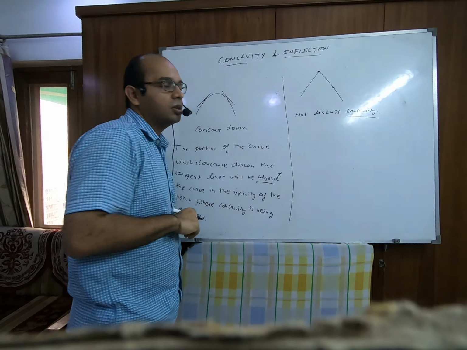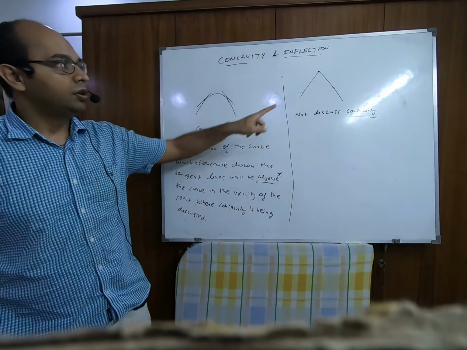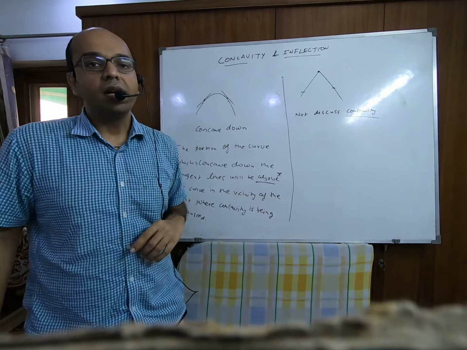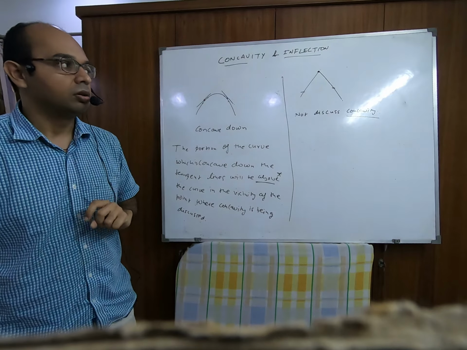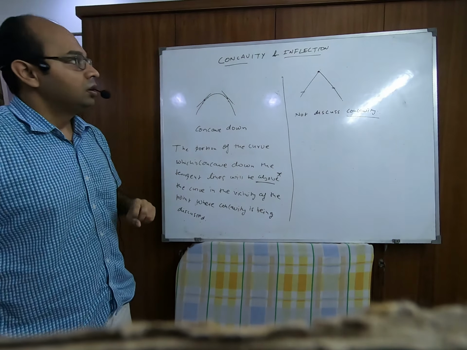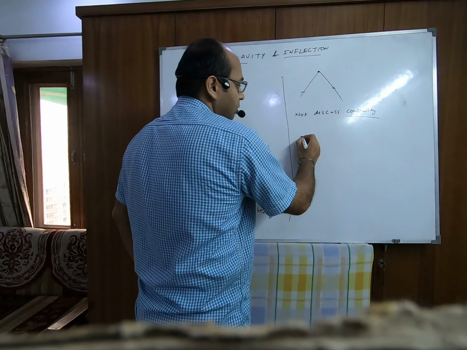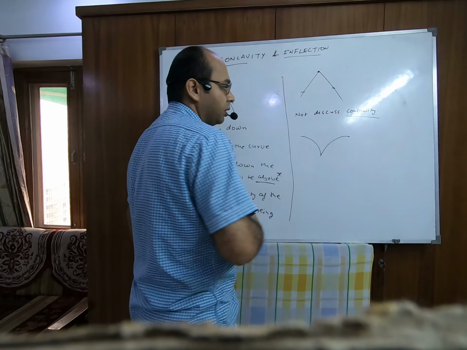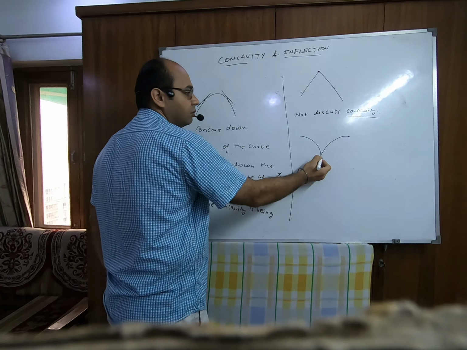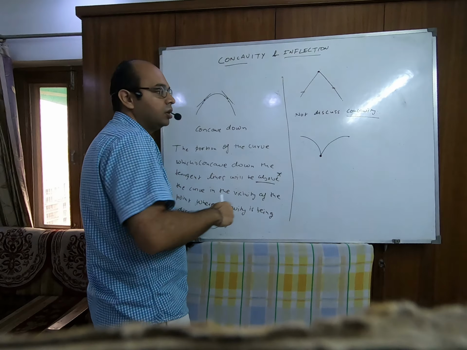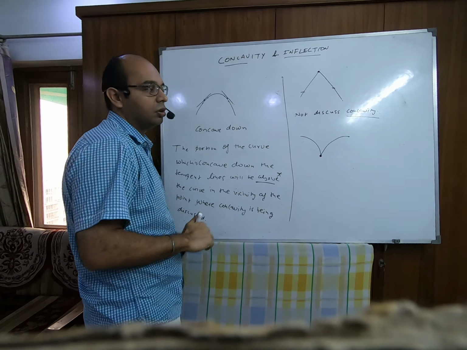Concavity will be discussed only on the points where a tangent can be drawn, right? So if a tangent cannot be drawn on this point, concavity at this point will not be discussed.